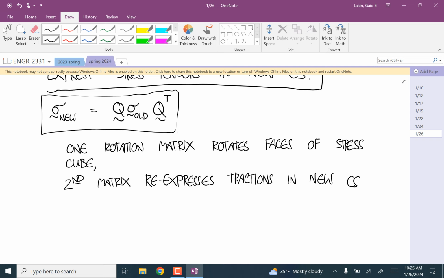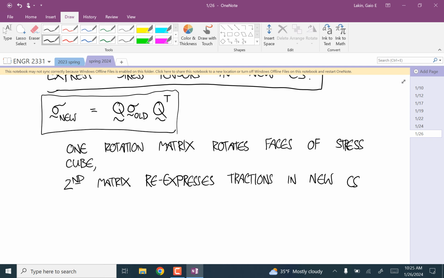Q transpose is the one that, remember the rule where to get the traction on a face, you multiply an outward facing normal by the stress tensor.